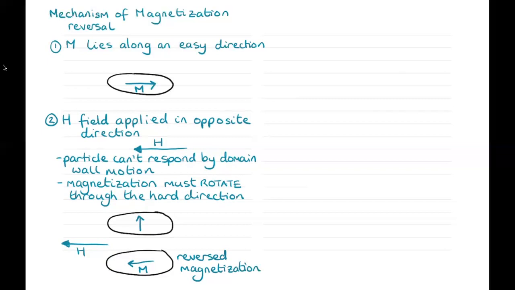And of course, the magnetization doesn't like to do this because there's a large anisotropy cost for the magnetization to lie along the hard axis.